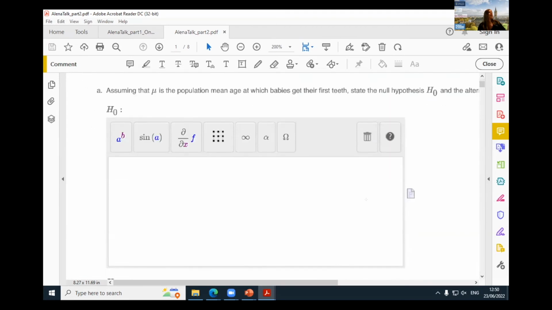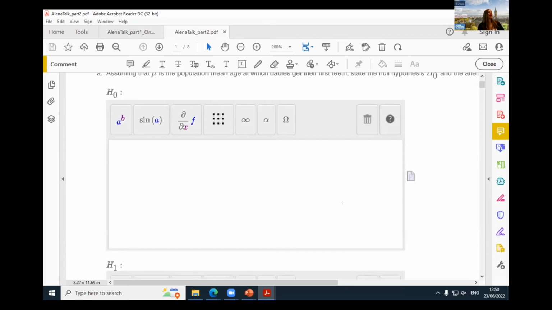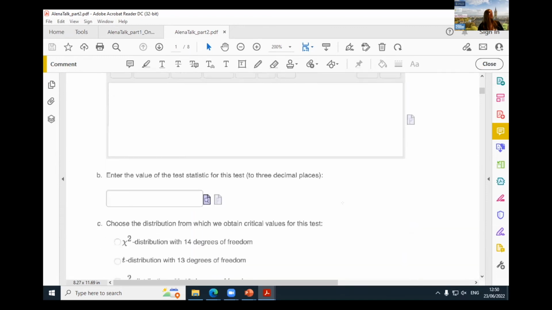Now here is the example of scaffolding I am using. This scaffolding consists of breaking down the steps of hypothesis testing into small parts. First, students are asked to state the null and alternative hypothesis.